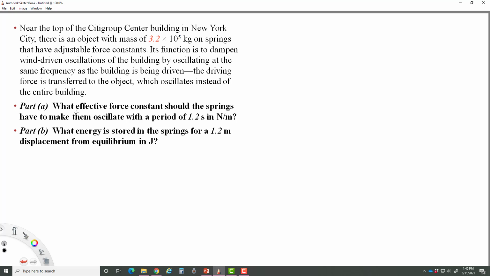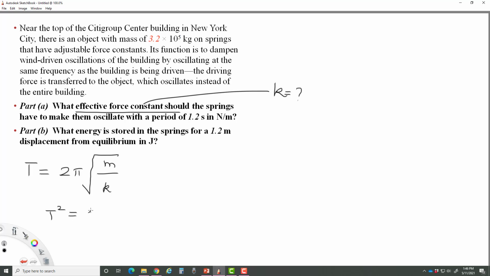So we want to find the effective force constant. So force constant here means the spring constant. Okay, it's k. To find the k, the time period again is 2 pi square root of mass over k. We want to find k, so you can take square on both sides.